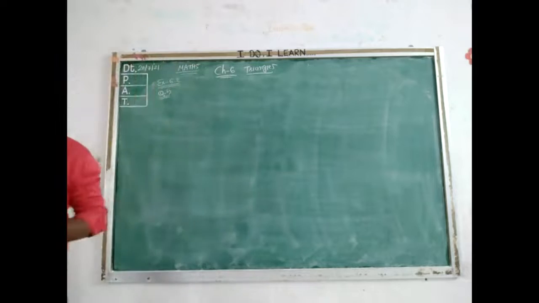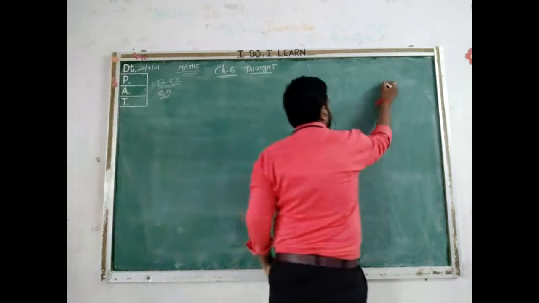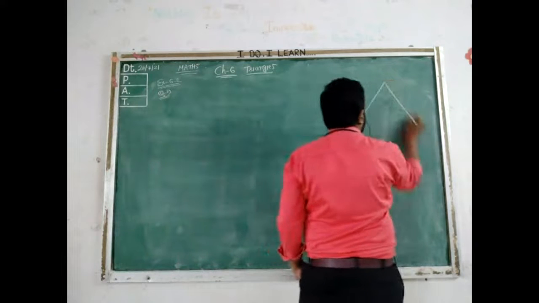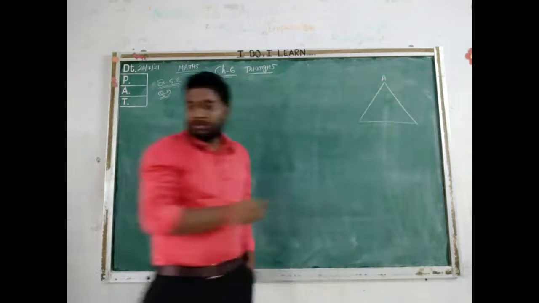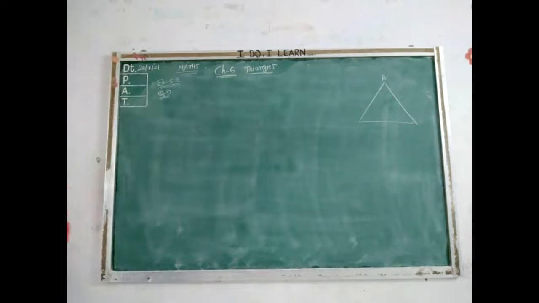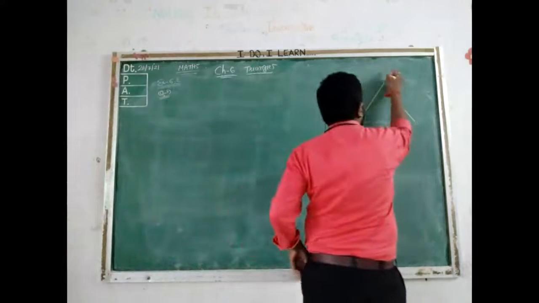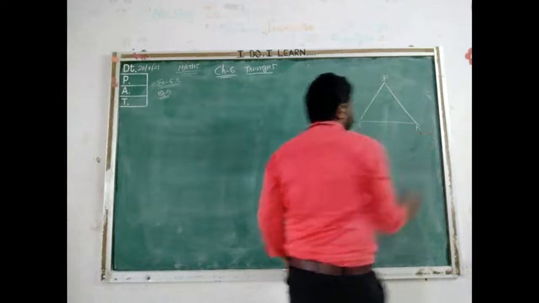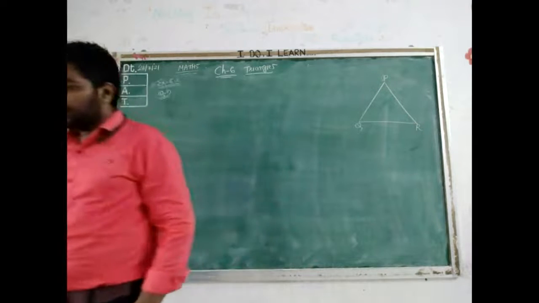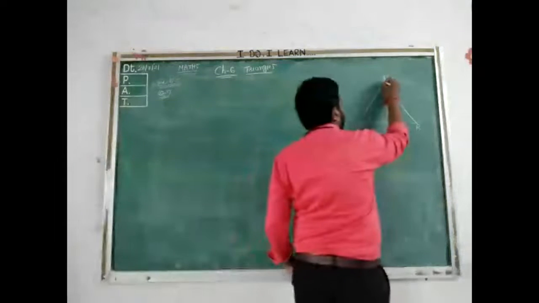So we have to start with question number 5. In question number 5, one of the figures is given like this. Here A, then another one, PQR, is given like this. Here P, here Q, and here R. PQR is given, and here one of the points, O, is here.